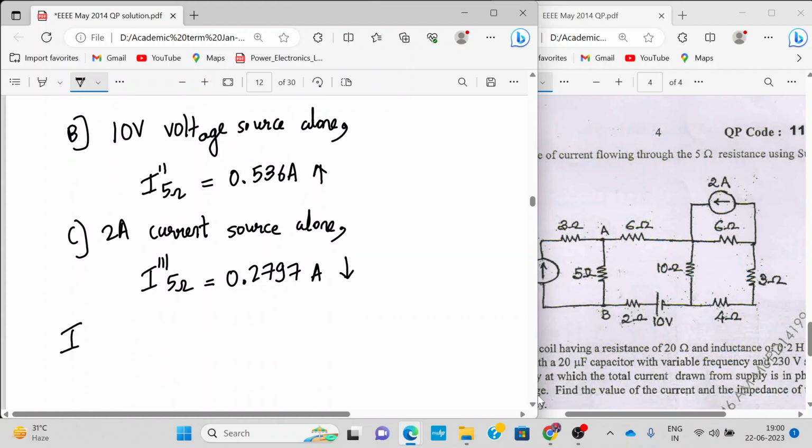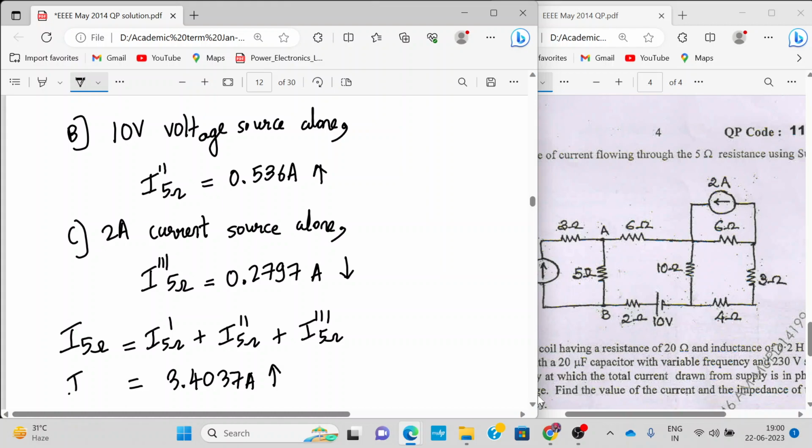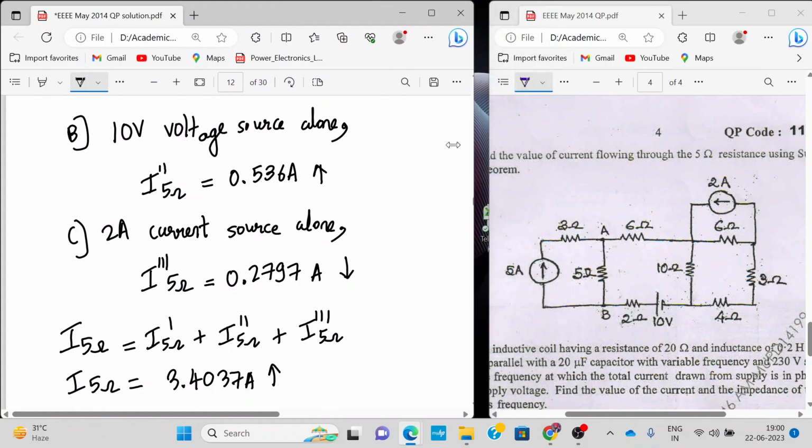And the total current, I dash plus I double dash plus I triple dash through the 5 ohm resistance, will be 3.4037 amperes. All right. So this is the answer to the question of 6A.